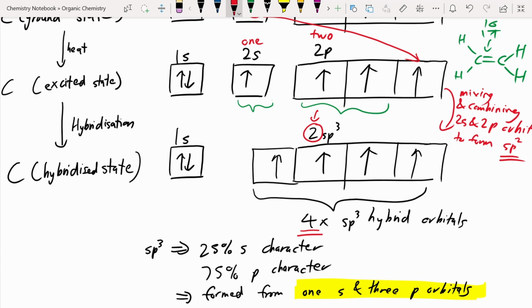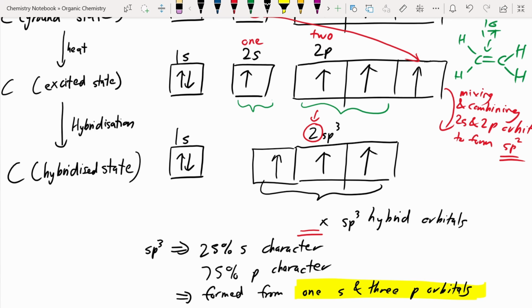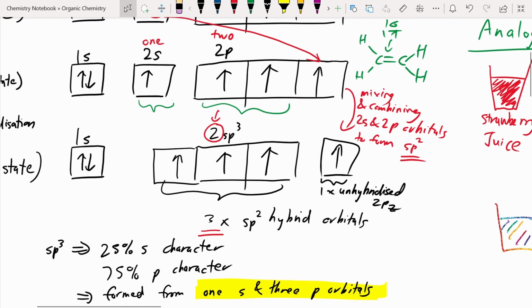So instead of this manner of presentation, it will be 3 sp2 hybrid orbitals and 1 unhybridized 2pz orbital.